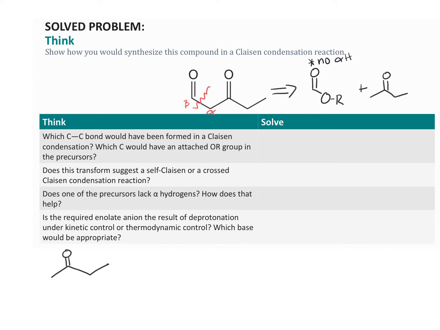we want to deprotonate the less substituted alpha carbon, because we have two alpha carbons we can choose from. We've got this alpha carbon here and this alpha carbon here. This is less substituted; this is more substituted.